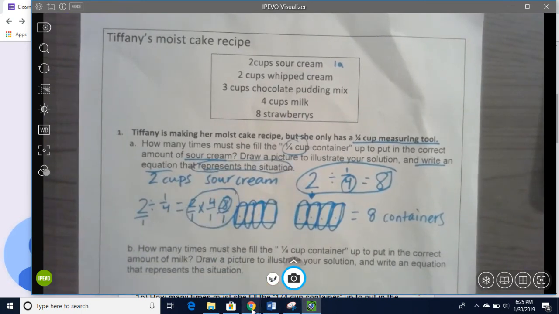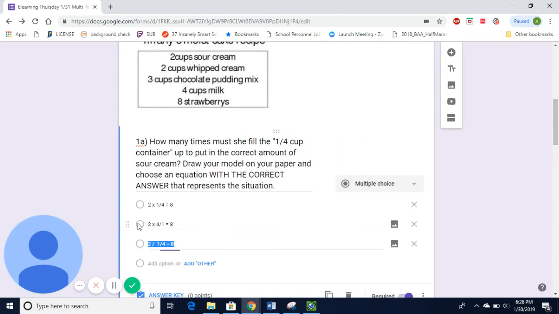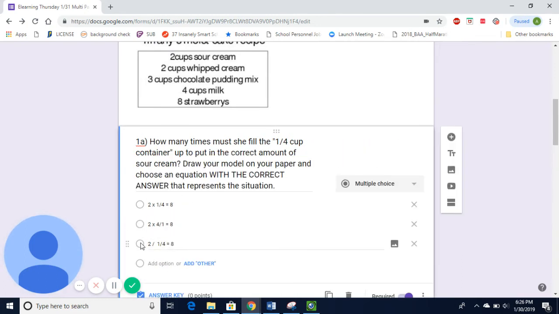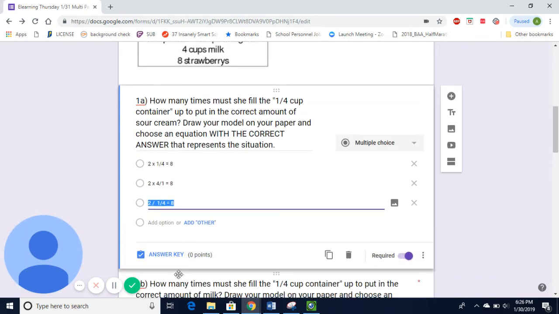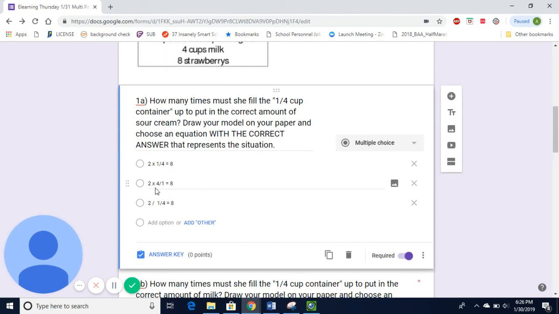No, it's not. The correct one that represents the situation must be this one: 2 divided by 1/4 equals 8. So that's the key there. That's the one you'll pick. Go ahead and mark that as right. That's the one you'll pick because that's the one that represents the situation. So don't get tricked up by that. We're not looking for a correct equation. We're looking for the one that represents the situation.